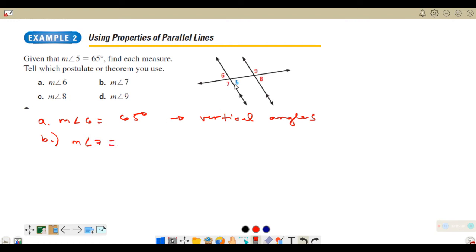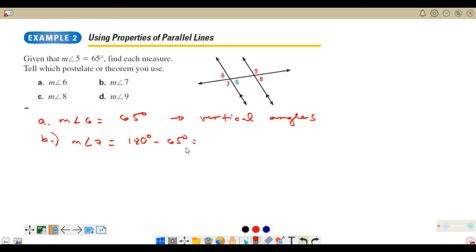So, ano si 5 at si 7? So, 5 and 7 are a linear pair. So, measurement of angle 7 is equal to 180 degrees minus the measurement of angle 5. Eh, ang measurement nga ni angle 5 is 65 degrees, right?